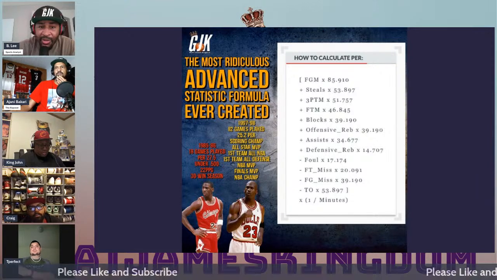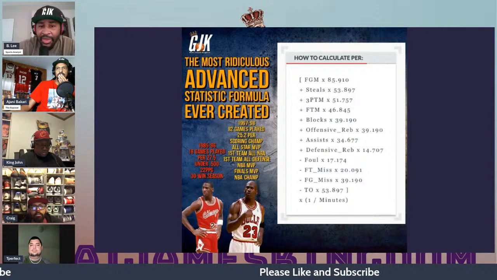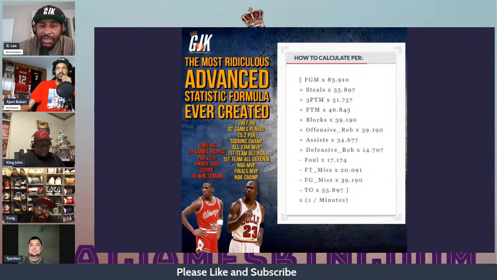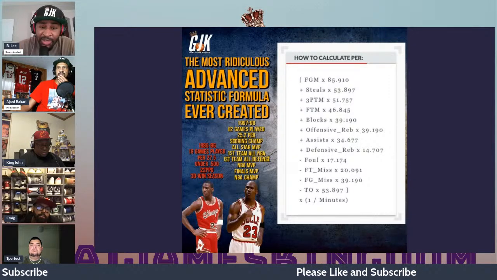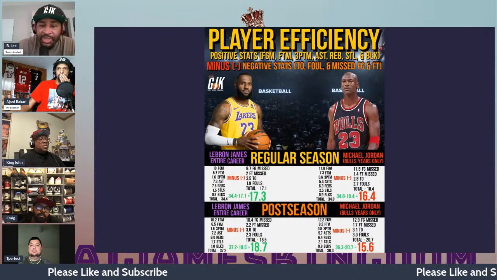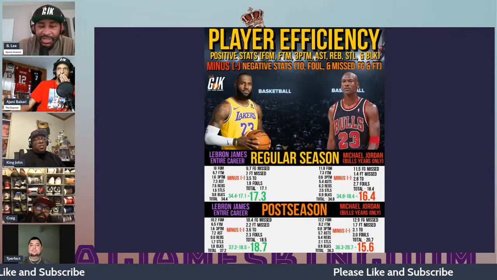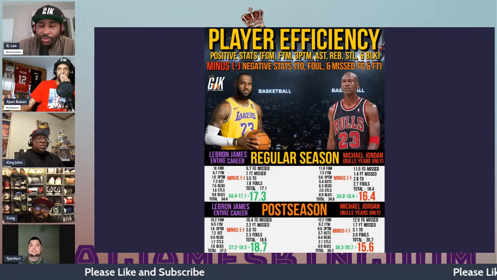But then again, with PER, they put certain values and certain weight on different things, which makes it completely subjective to me. If we're not going to take one-to-one, for instance, if we use this for Wilt Chamberlain, it'd be double everyone else without the steals and blocks. Magic Johnson will be higher than LeBron and Michael Jordan because of what he did on the court. There are other players who will be higher too.